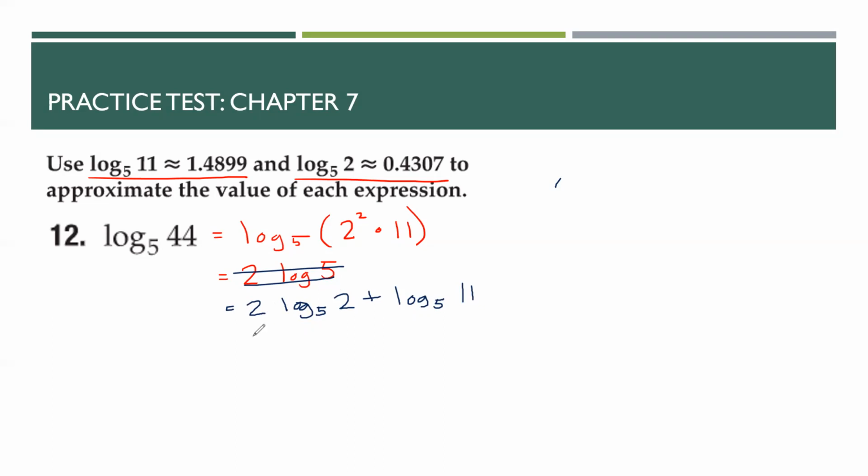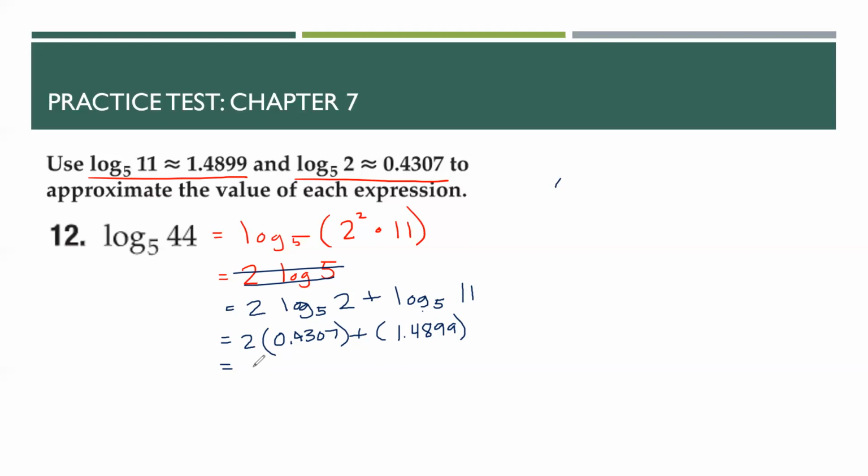Okay, so then we have 2 times log base 5 of 2. They told us to use 4,307 10,000ths, plus for log base 5 of 11, they said to use 1 and 4,899 10,000ths. So here we apply order of operations. We're going to multiply 2 times this first.